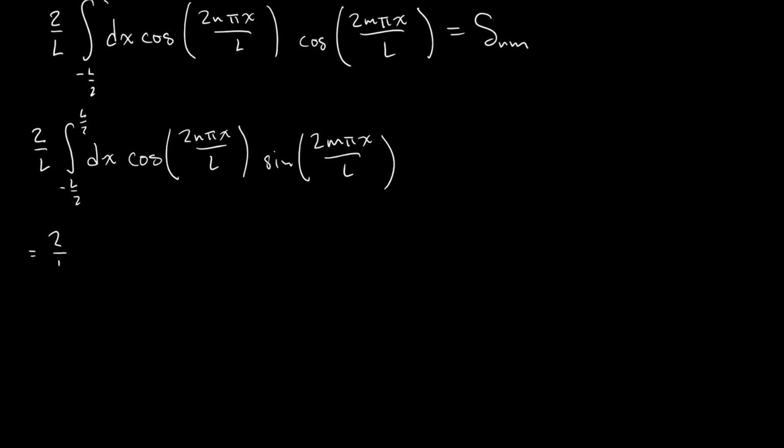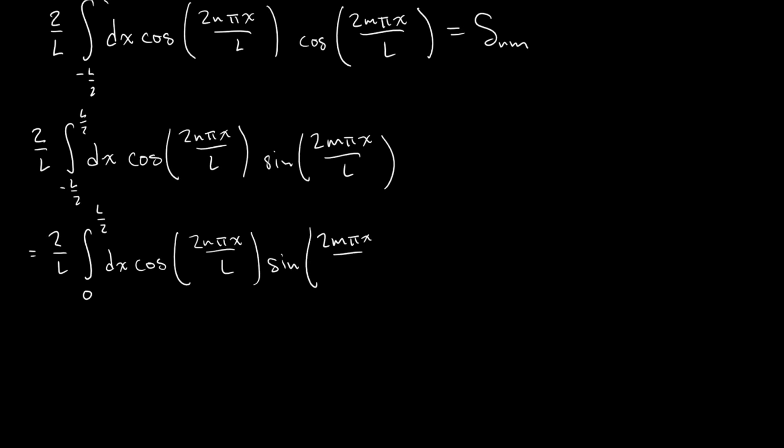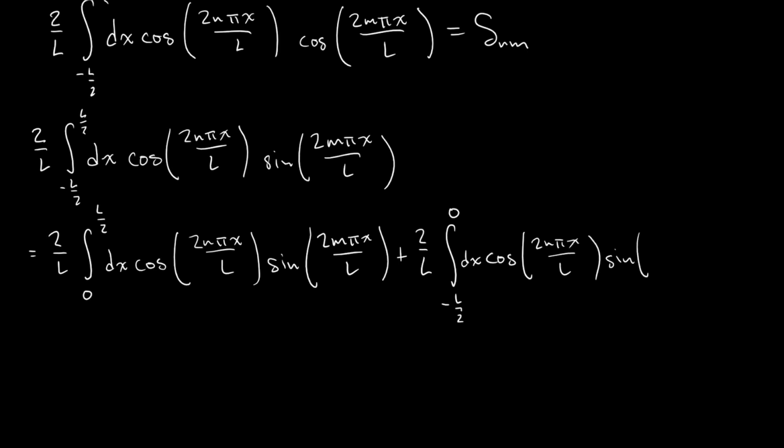I'll write this as 2 over L. One piece which goes from 0 to L over 2, cosine 2n pi x over L, sine of 2m pi x over L. And then a second piece, which goes from minus L over 2 to 0, cosine 2n pi x over L, sine 2m pi x over L.